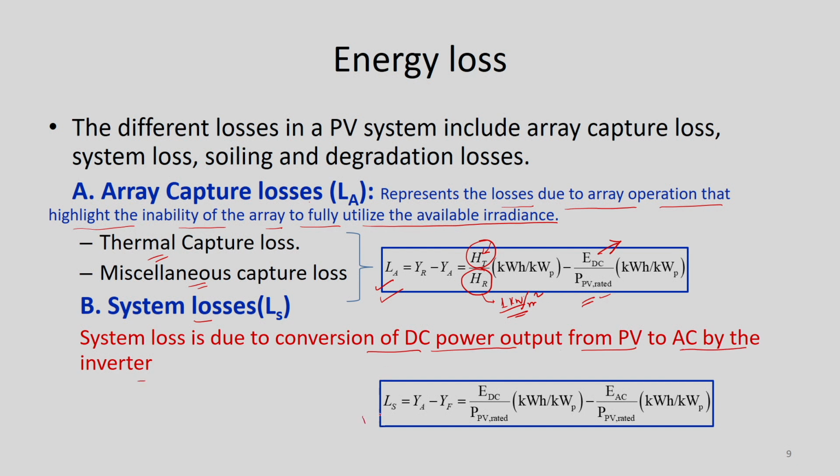So, this can be represented by L_S, that is E_DC to PV rated minus E_AC to PV rated. Once we know this expression for E_AC and the energy generated from the DC side of the PV system, then we can calculate the system losses. If we combine these two, L_A plus L_S, then it becomes the total losses.